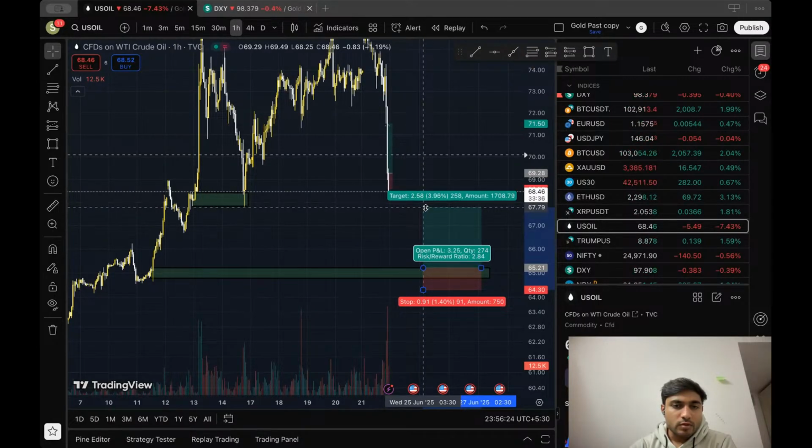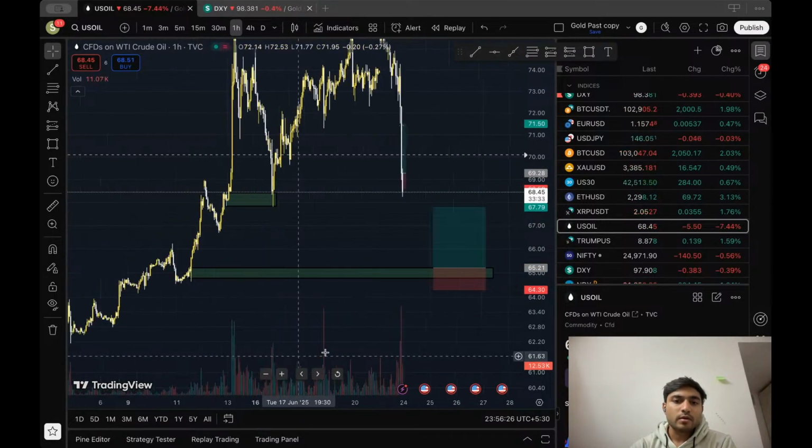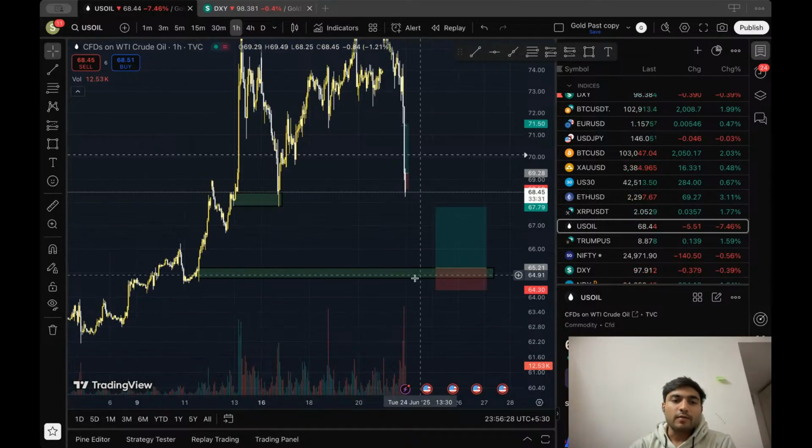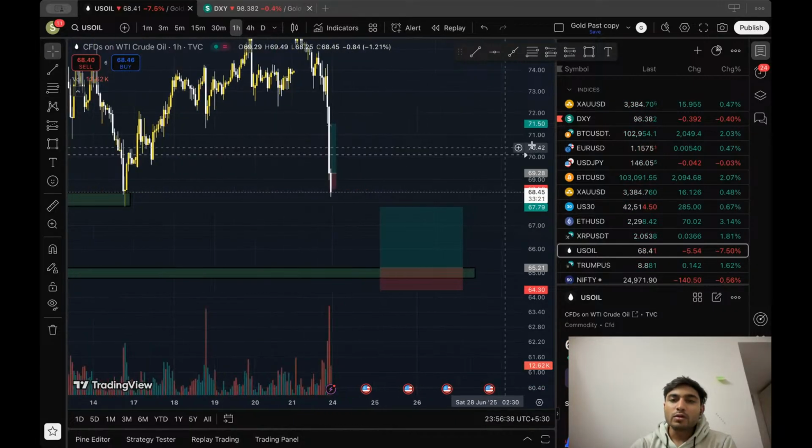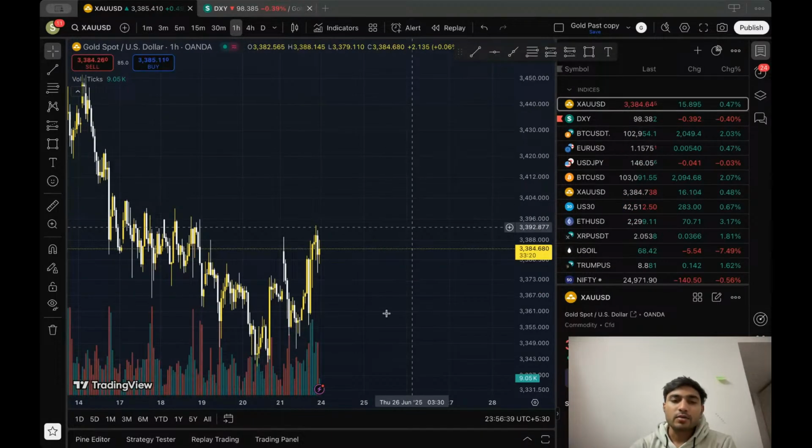One is to 2.8. That should look something like that, in gold terms, if it works out. Still this much to cover. Maybe it will take liquidity from here or take support from here on. Who knows? But that's my intuition.